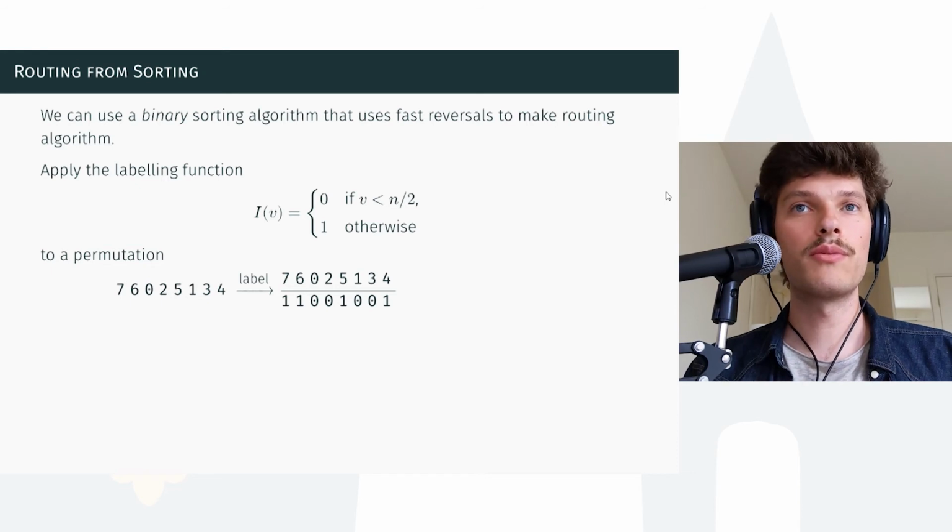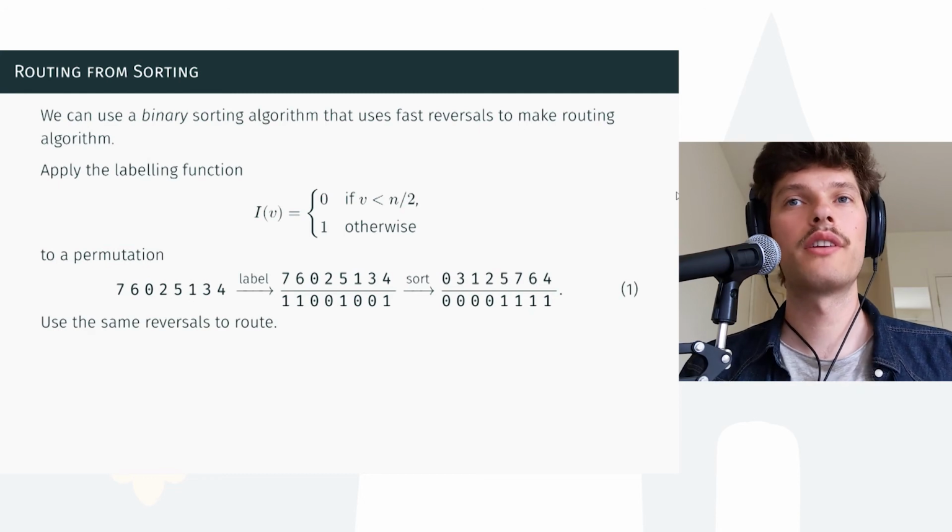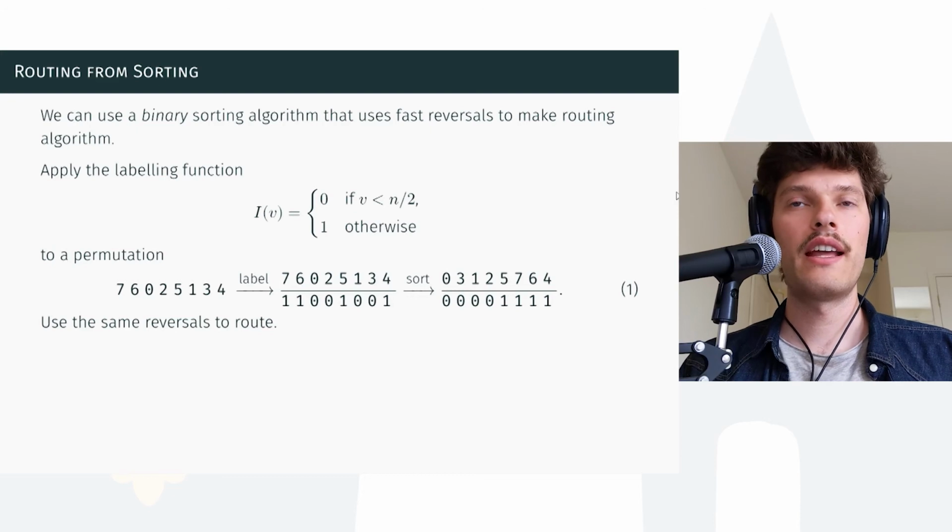So the first qubit needs to be routed to the 7th position, for example. And we apply our labeling function, then we get the bit string that I wrote down below the permutation here. And if we apply our sorting function, then the bit string will be sorted in ascending order. And if we then use the same reversals that were used in the sorting function, then we get the permutation that's shown above.